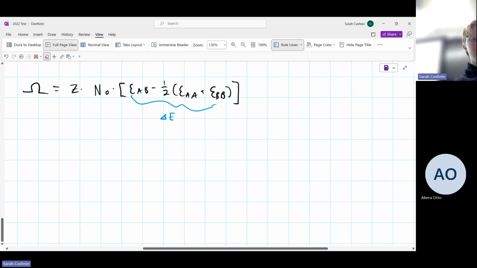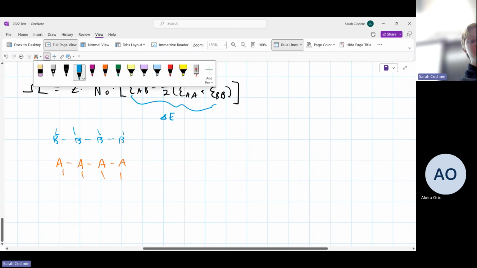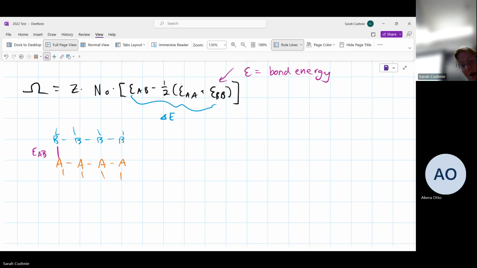You can imagine we start with a bunch of A, A, A, A bonding, and then we have B, B, B, B. Each of these little E values is equal to a bond energy. So we start with all these BB bonds and all these AA bonds, and now we form a bond in between. Instead of having an AA and a BB bond, now we have an AB. So this is saying, what is that change in energy as we do that?